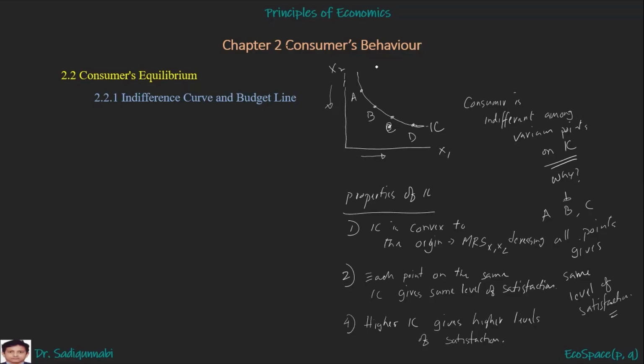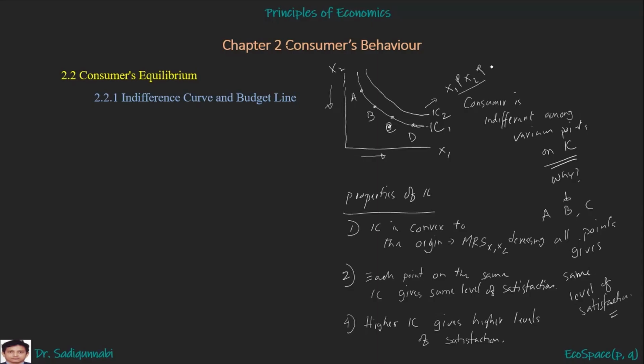So we can add another IC curve, and if this is the first ranking IC, this could be the second ranking IC. So IC2, why second ranking? Because we are increasing both X1 and X2.